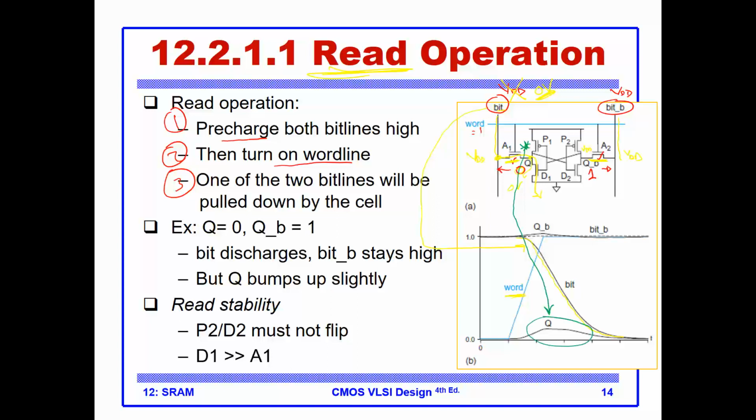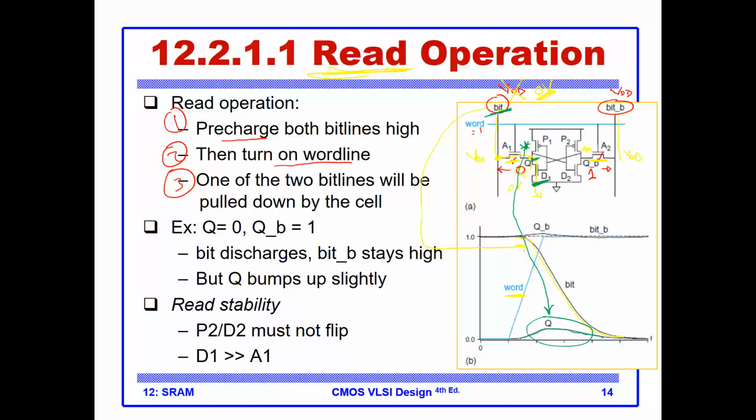Because I'm discharging here, this node goes up slightly and then discharges. This is because of the charge sharing happening between the bit line and the Q node. But it is critical that this discharging MOS transistor is strong enough.